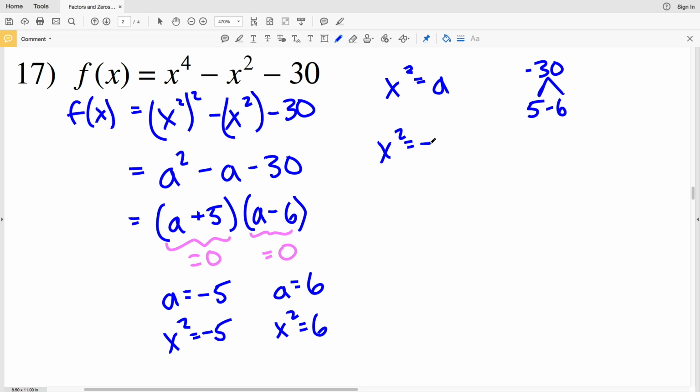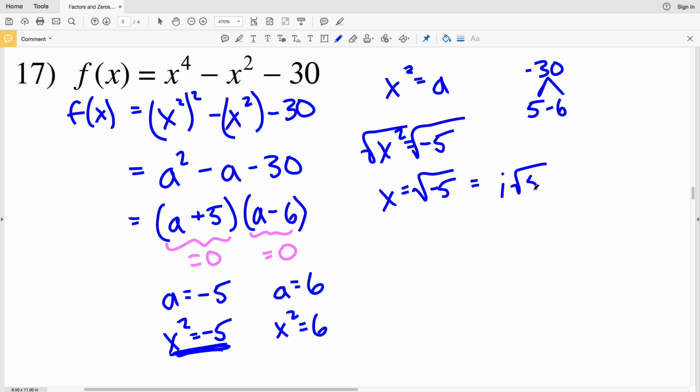I'll take the square root of both sides to get that x is equal to the square root of negative 5. However, I will rewrite the square root of negative 5 as i times the square root of 5, or negative i times the square root of 5.